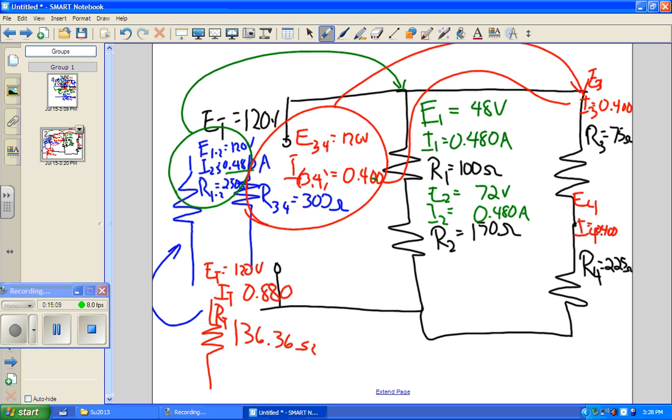So we're going to multiply up again to get our voltage drops. And we're going to multiply 0.400 times 225. What are we going to get? 90 volts. And the other one is 30 volts. And we add that together, 120 volts. Amazing, I tell you.